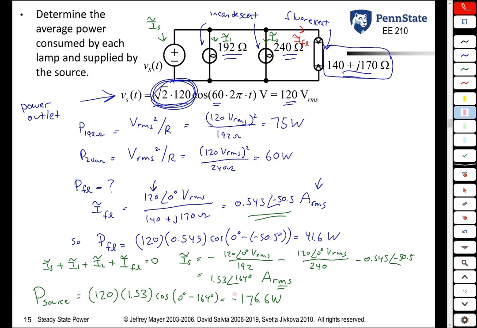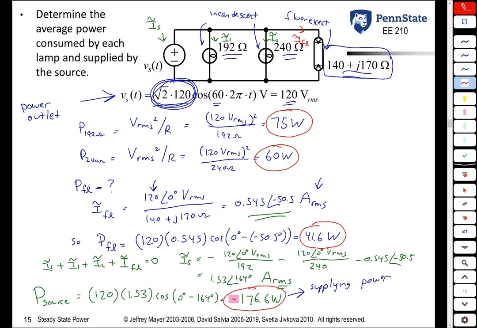This minus means what? It means that that source is supplying power, which you sort of knew had to be the case anyway because the sum of all the powers has to be 0. Sure enough, if you add up the power absorbed by the first light bulb, the second light bulb, and the fluorescent light bulb, they equal the power supplied by the source. That is conservation of power.